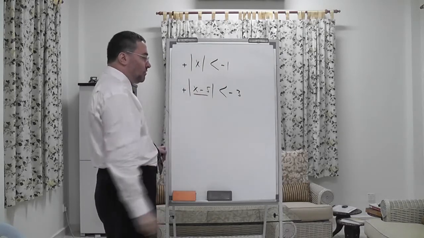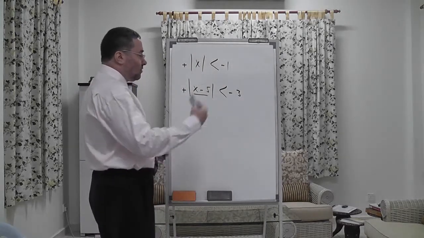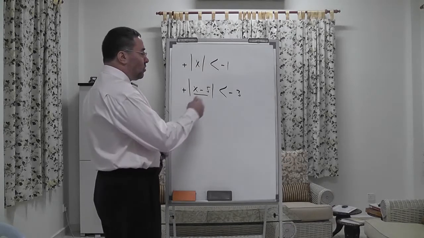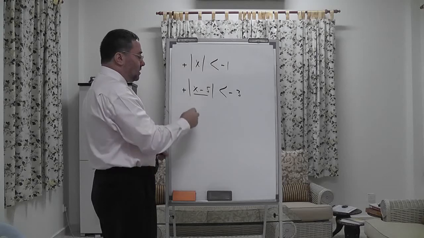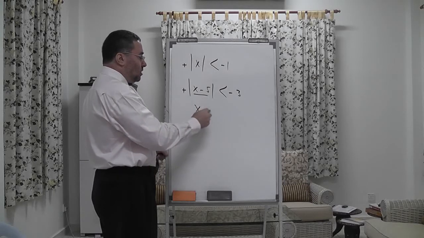All of these are positive numbers when they come out from the absolute. So they are going to be more than the negative number. So for all these exercises, the answer is x equals not 7.